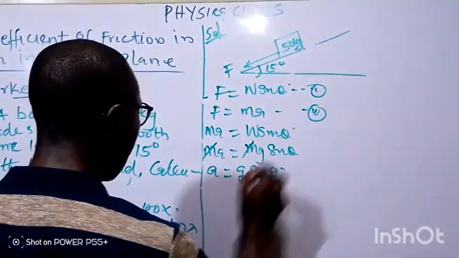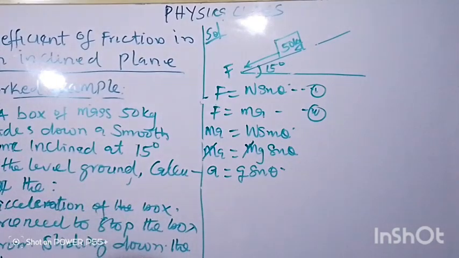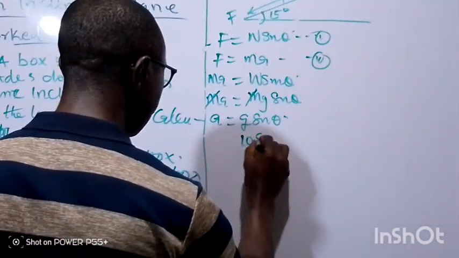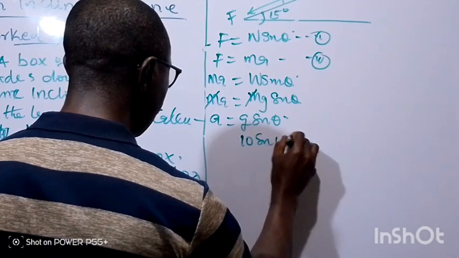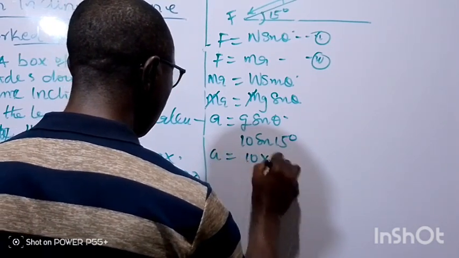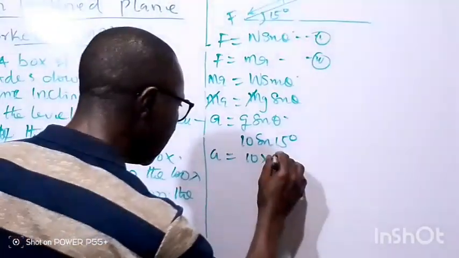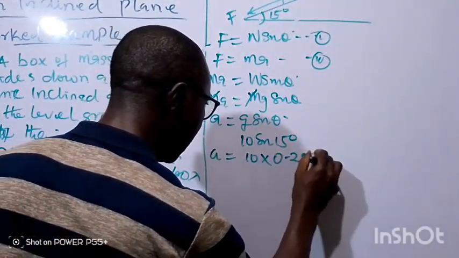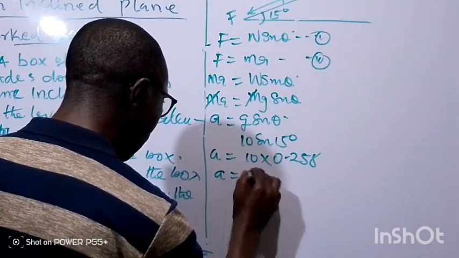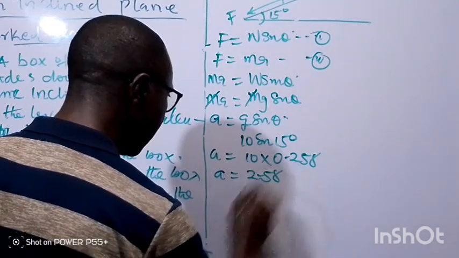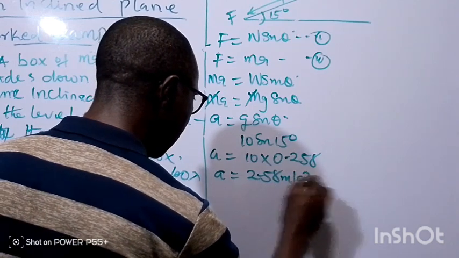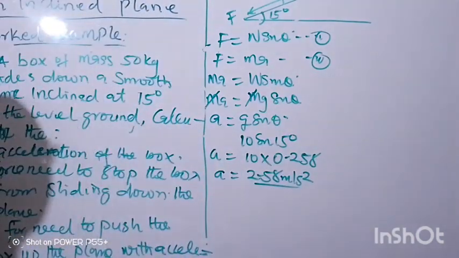Our g is given as 10 meter per second square, so that will be 10 sine 15 degrees. So a will be equal to 10 multiplied by 0.258, and a will be equal to 2.58 meter per second square. That is the acceleration of the bus.